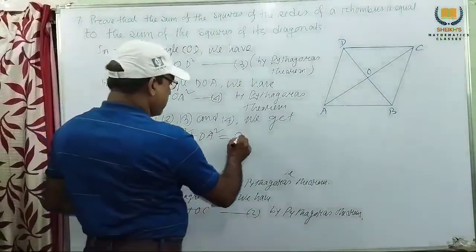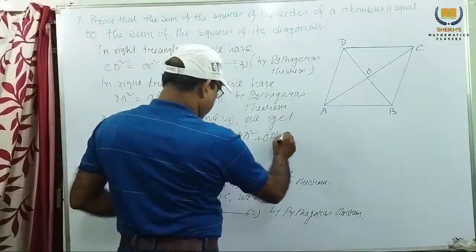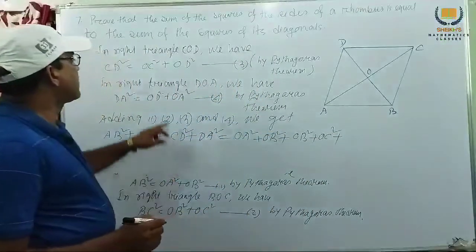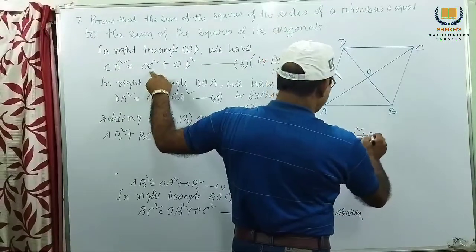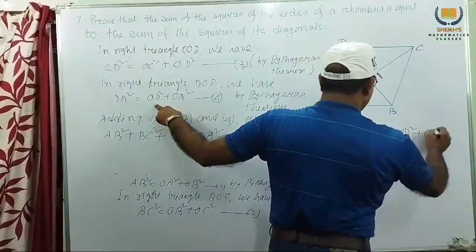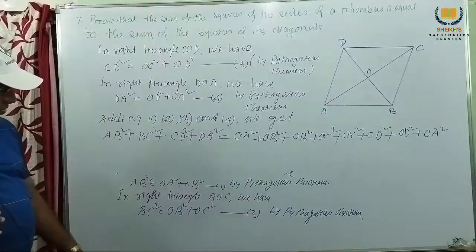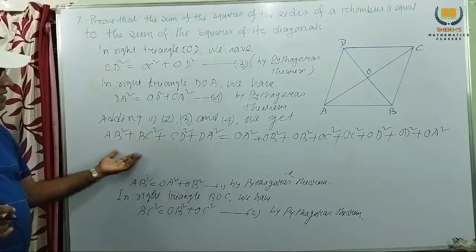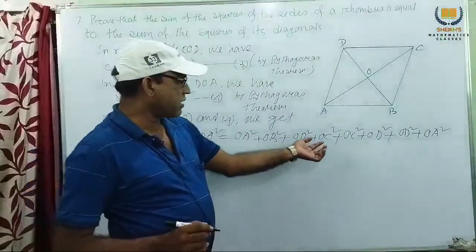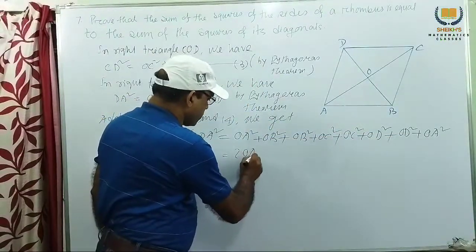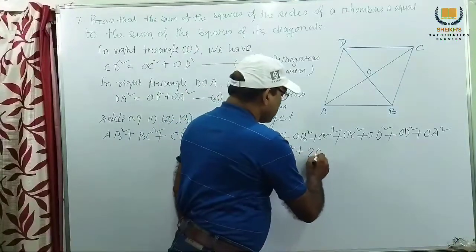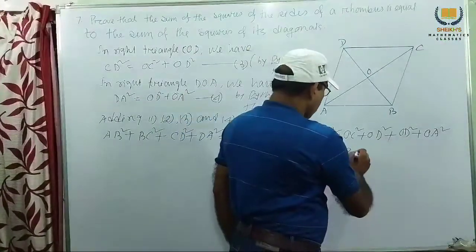On the right hand side we get OA square 2 times, so 2 OA square, 2 OB square, 2 OC square and 2 OD square.